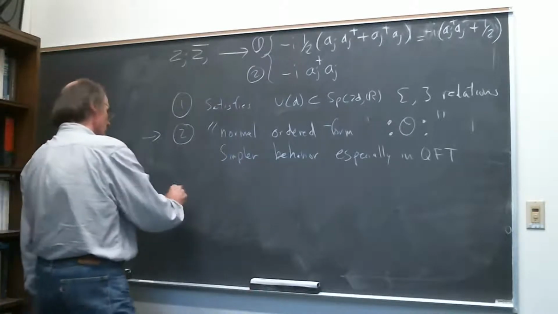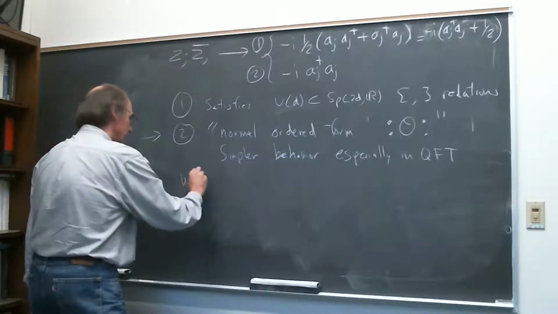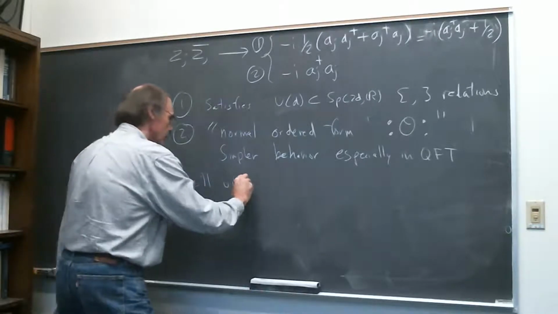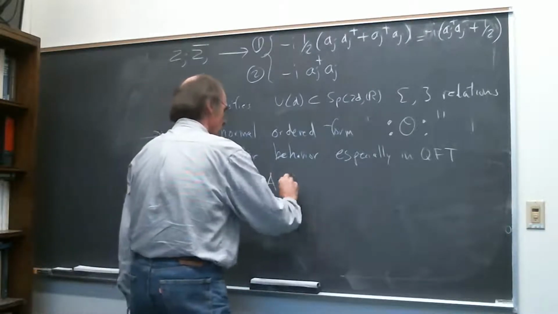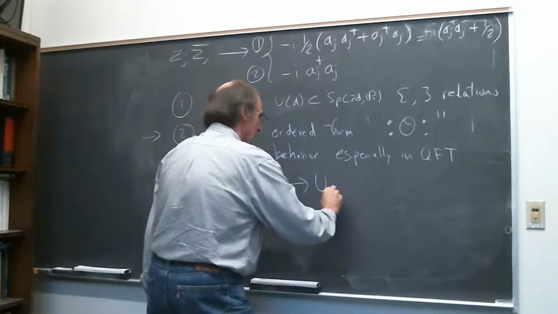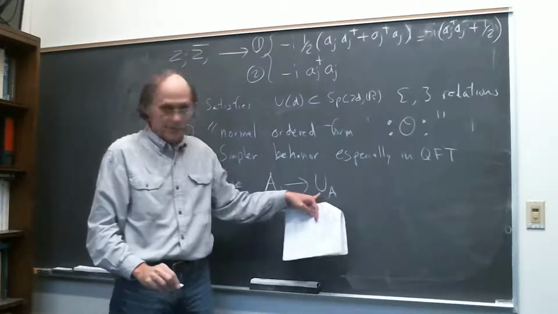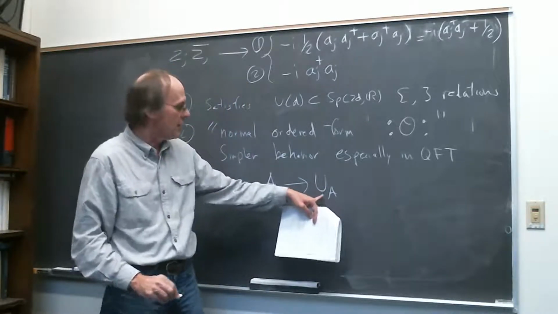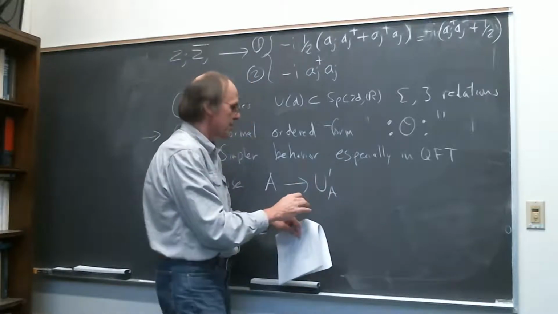So we'll use A goes to U A, and I'll write it as a Lie algebra representation, UA prime.